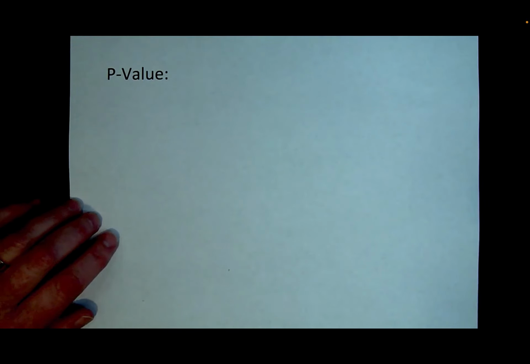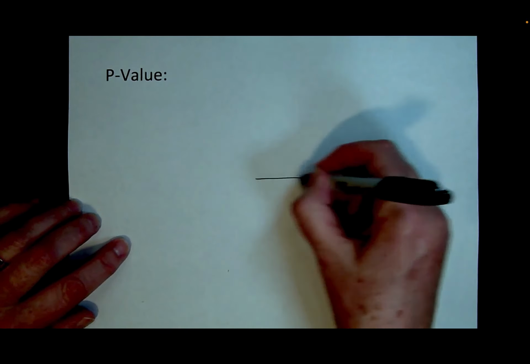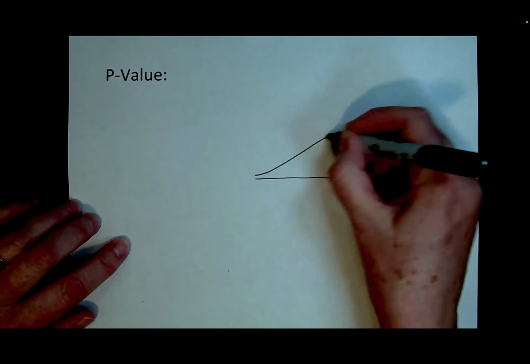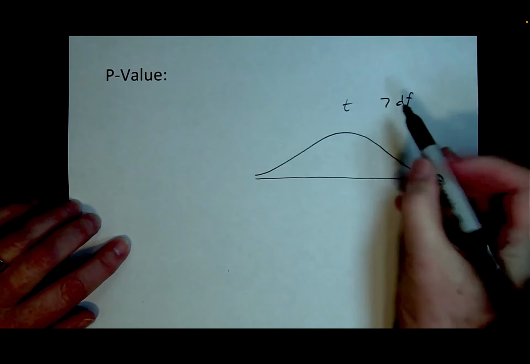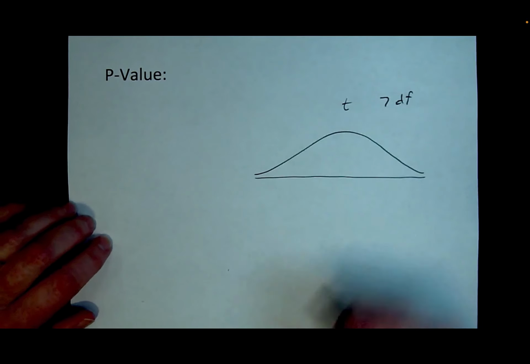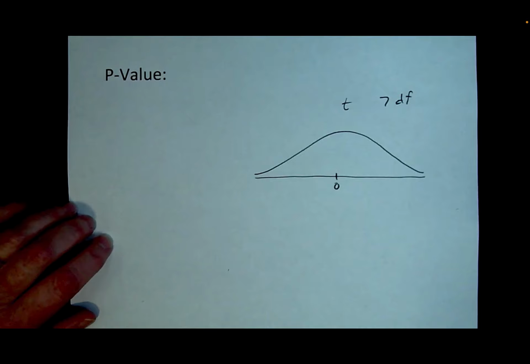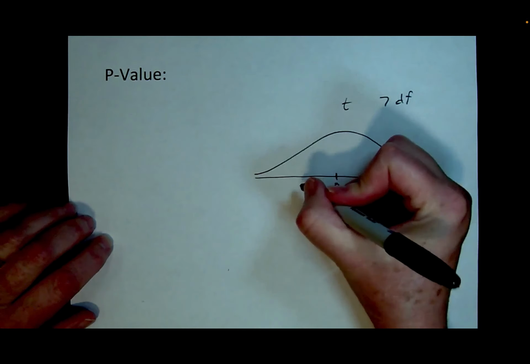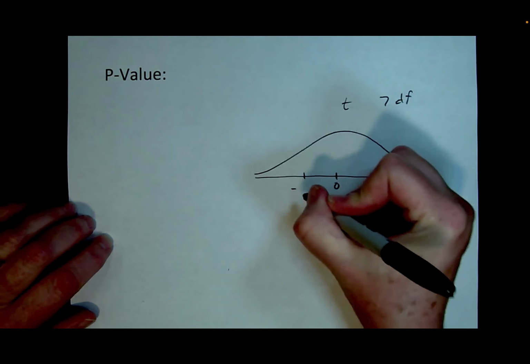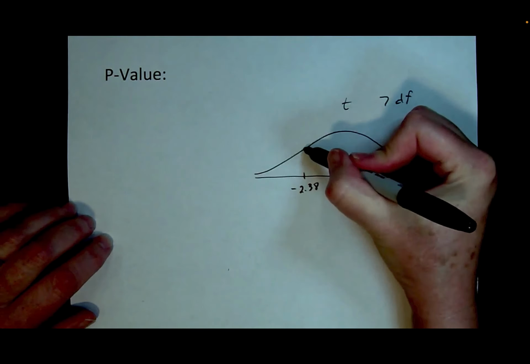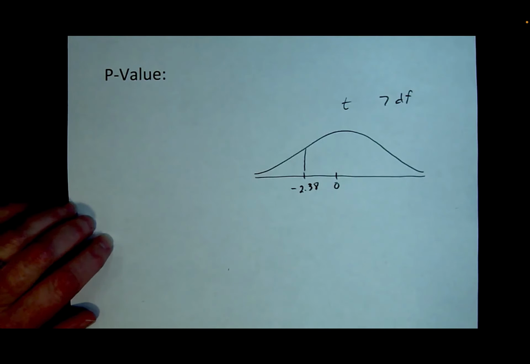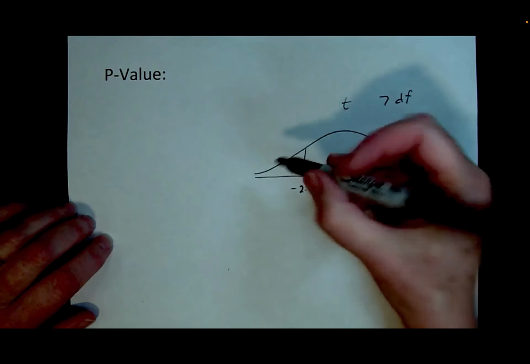Okay, so I'm going to be looking at the t-distribution with 7 degrees of freedom. Remember, the degrees of freedom is 1 less than the sample size. 0 is in the middle of the t-distribution. The test statistic we got was negative 2.38. Now, the t-table gives you area, so I want this area.